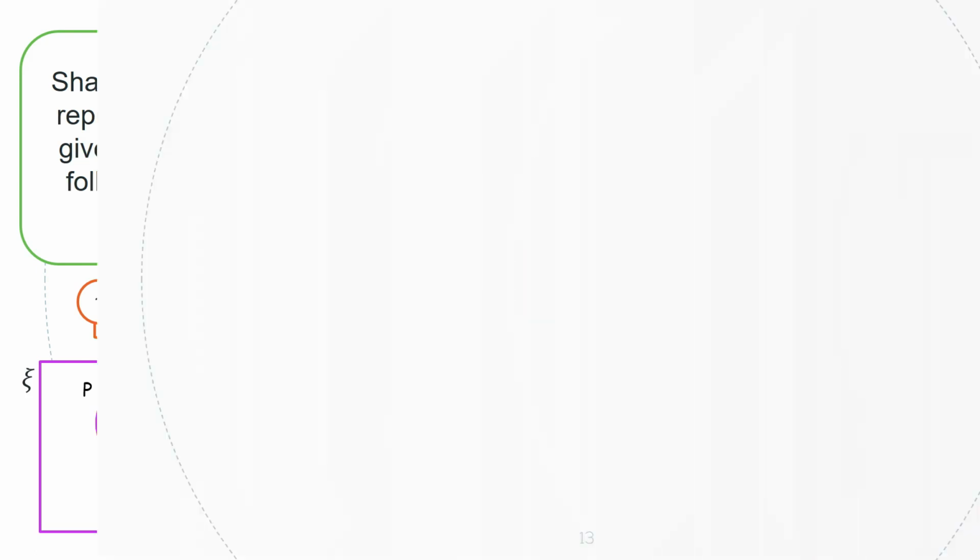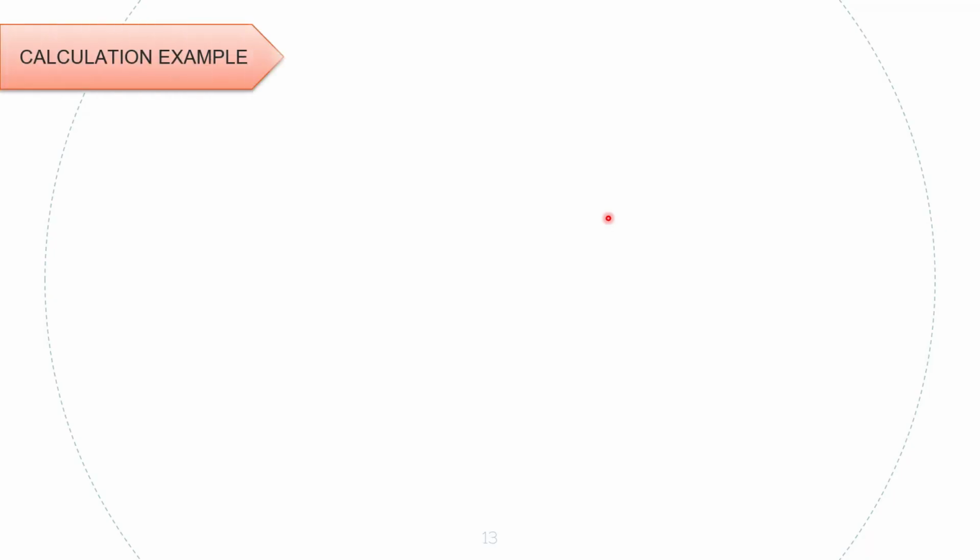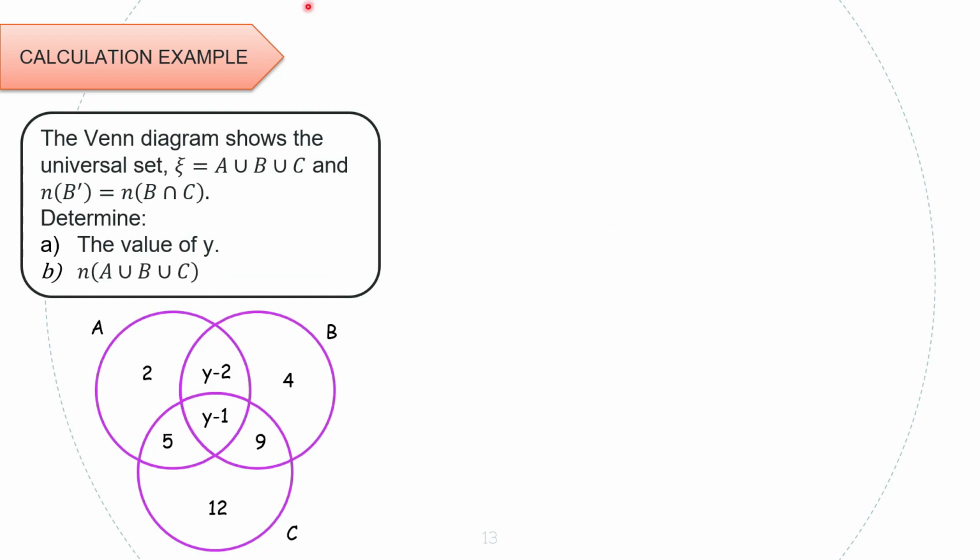Now we continue with a calculation example. Sets are not just about determining the elements or the shaded region; they also include calculation examples, like this. This is the question.